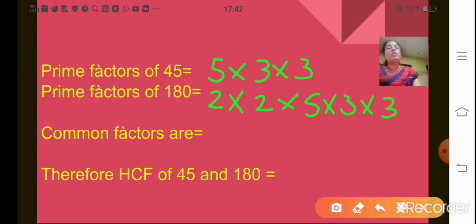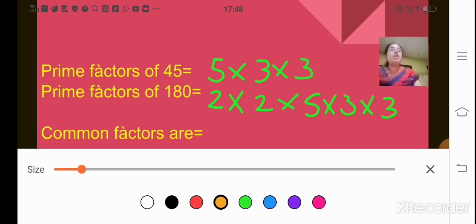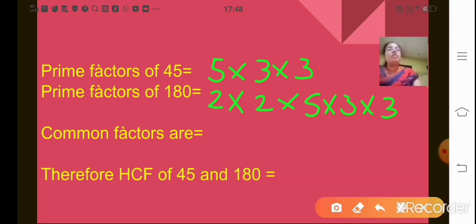Now what do you have to do, children? We have to find the common factors. Now which are the common factors? Can you make out? Here the number 5 is common in both the numbers. Now 2, is there any 2 common? No. 3, yes, 3 is common here.